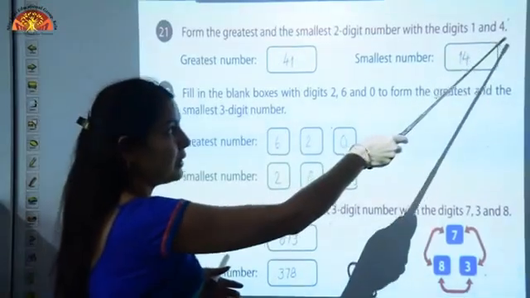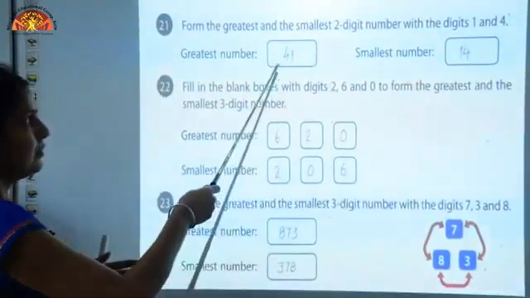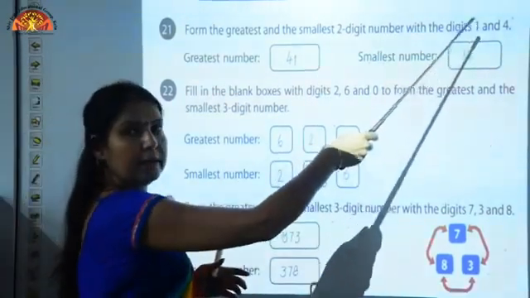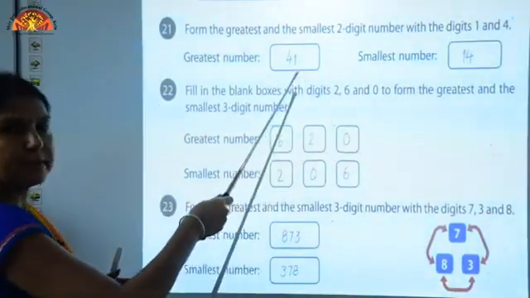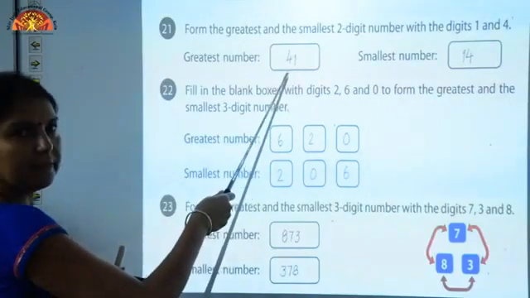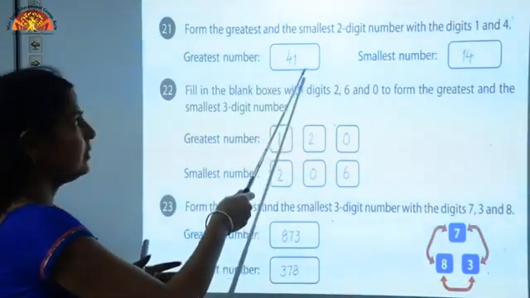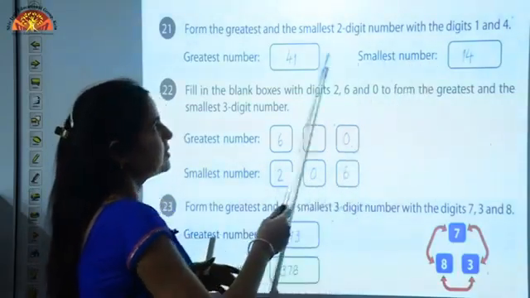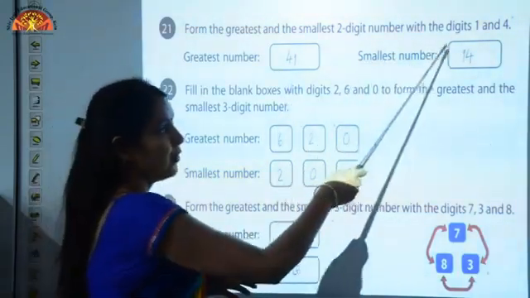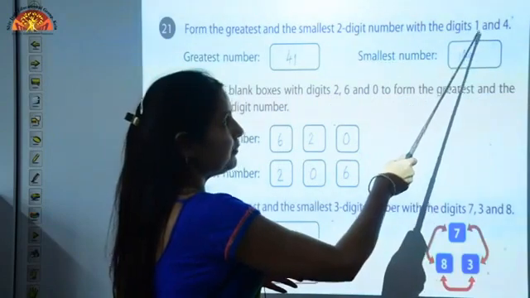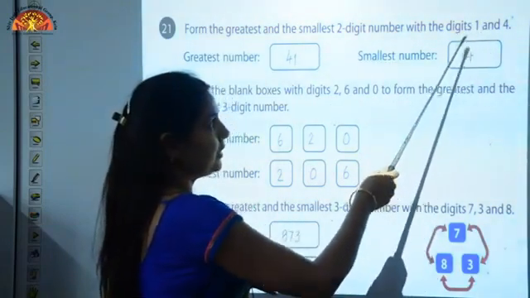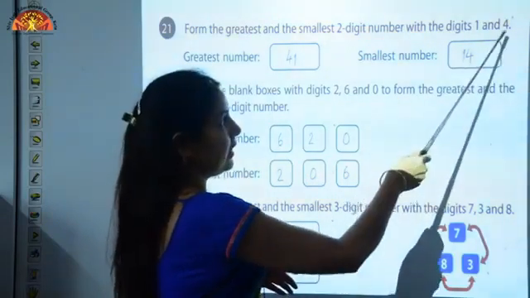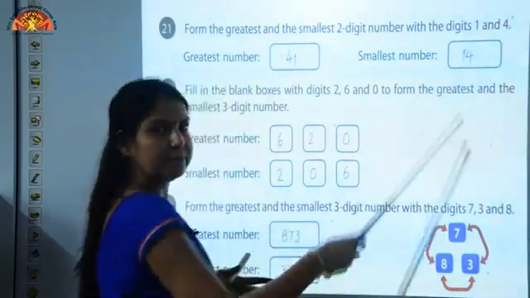Here 4 is bigger, so we will write 4 at tens place, and the second is 1, and 1 we will write at ones place. The number will become 41. This is the greatest number, and the smallest number is just opposite of this. First of all, we have to see which digit is smaller here. 1 is smaller, so we will write 1 at tens place, and 4 at ones place.